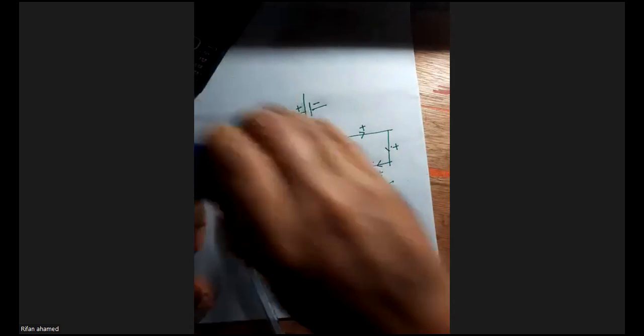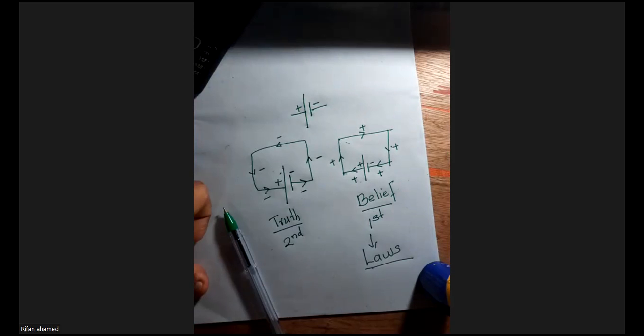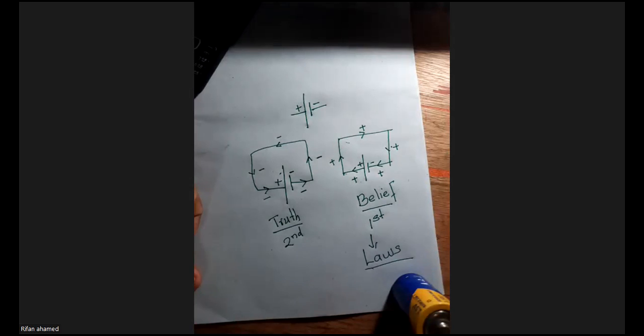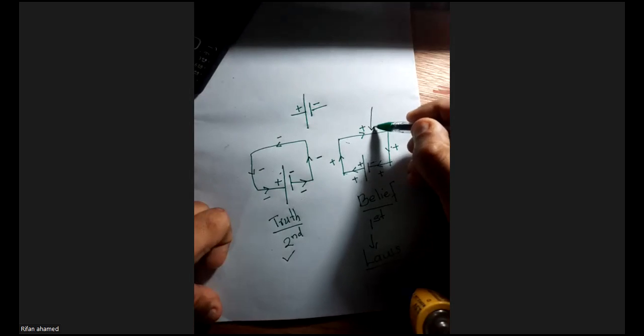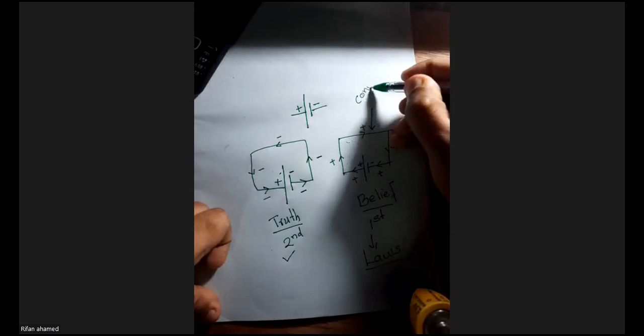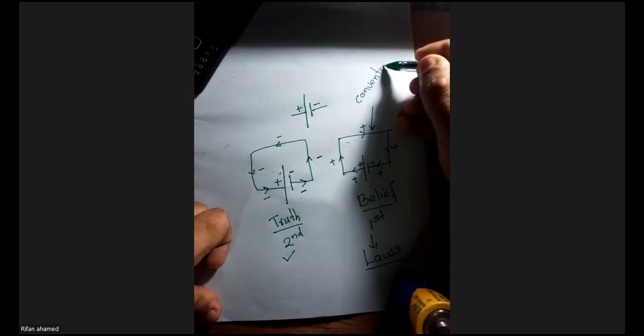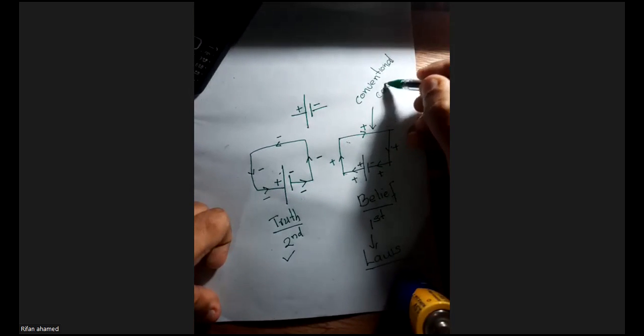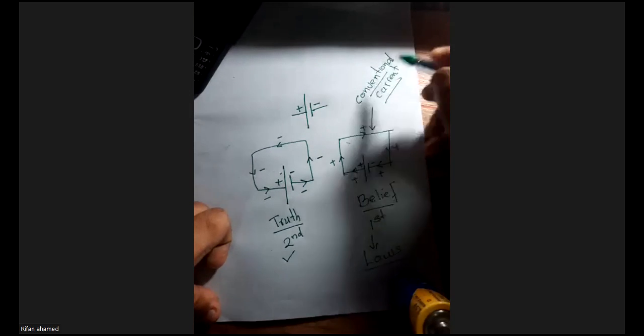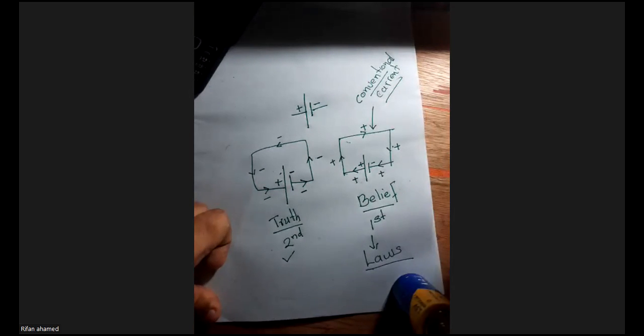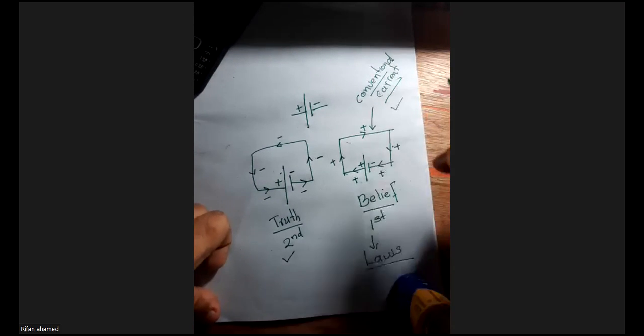If the laws are becoming wrong, it is a loss for us. So let the truth be truth, and let's take this one as conventional current. It's a believing current. Now we believe that way.